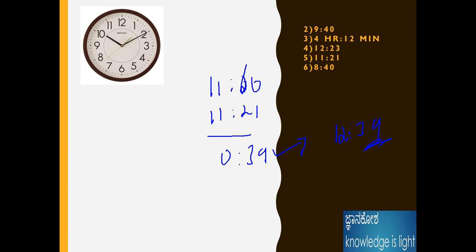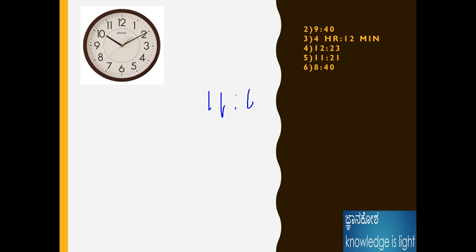Okay, let's do the last one, nothing but the least. 840. Okay, I will take it as 1160 only. 840. And again 20. And 11 minus 8 is 3.